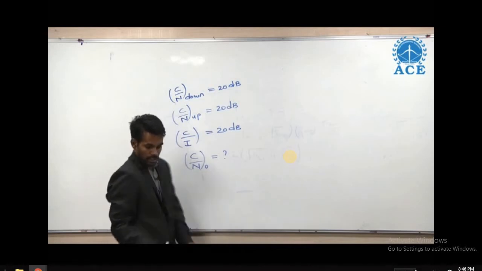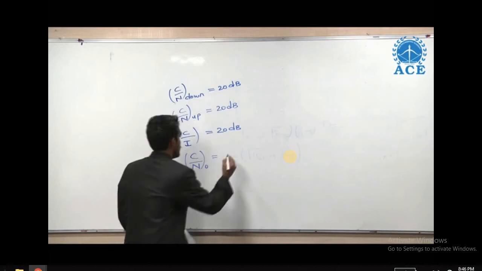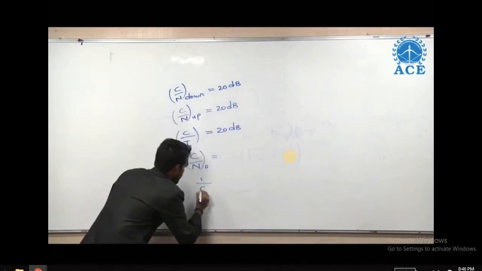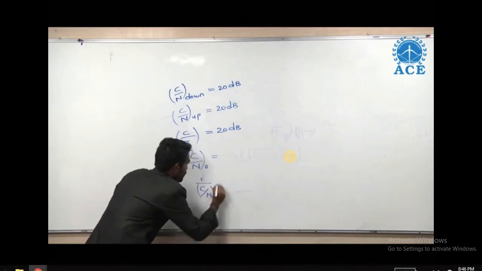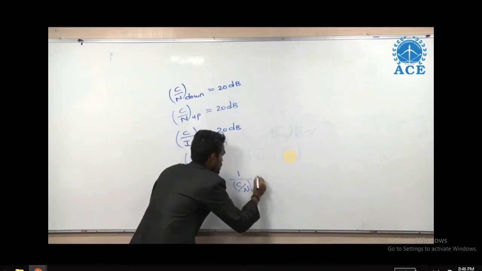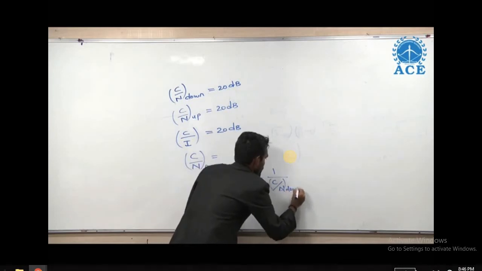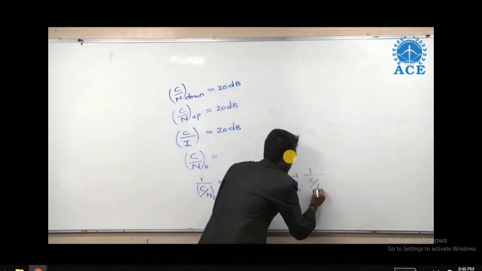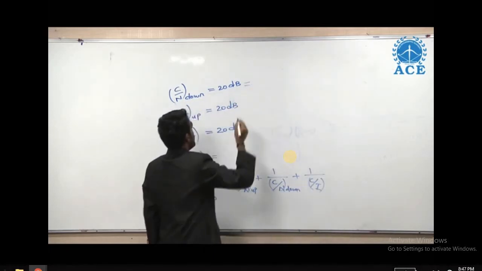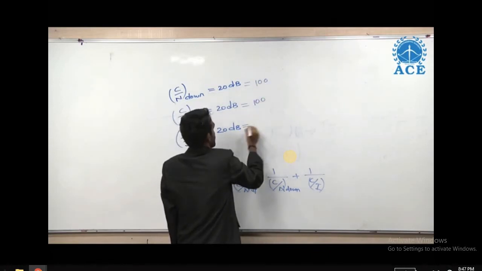So here we know that C by N overall is the parallel combination of all these three. That is 1 by C by N0 overall equal to 1 by C by N up plus 1 by C by N down plus 1 by C by I. So here 20 dB is 100, here it is also 100, it is also 100.